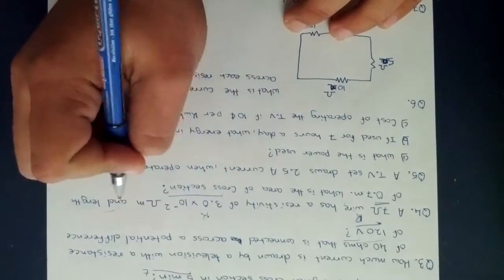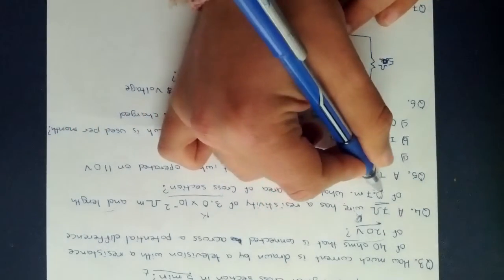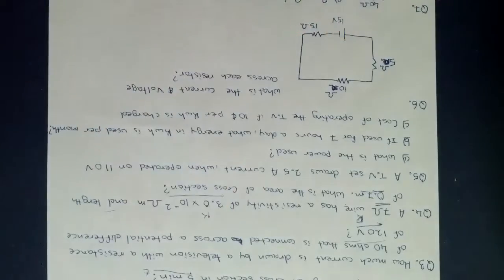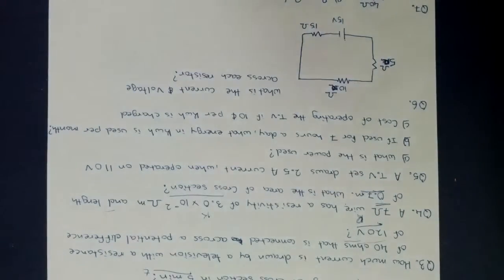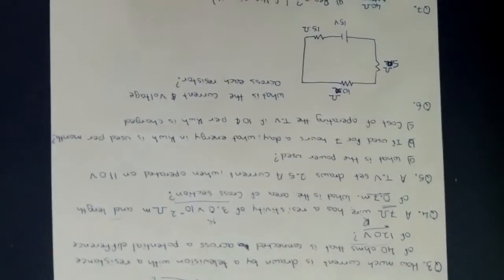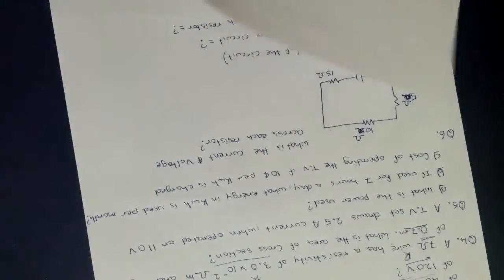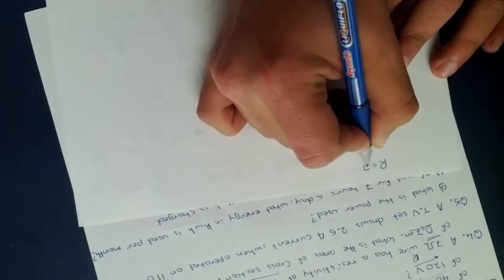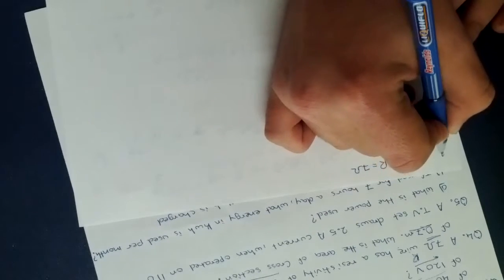And the length, which is also important, of 0.7 meters. What do we need to find? We need to find the area. So, what we would do for a question like this is write down everything we know. So, R equals 7 ohms. Oh, let me just label that.